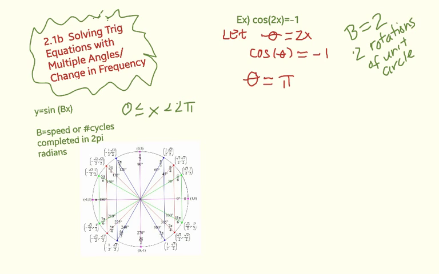Now that's the value from my first rotation. I also need the values from the second rotation, which would be coterminal with that. One rotation is 2 pi radians, so I can say that theta equals pi or 3 pi.